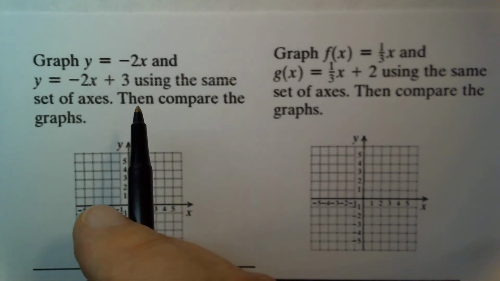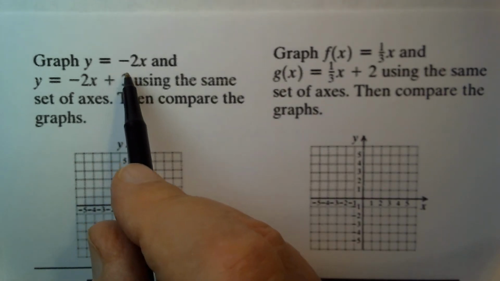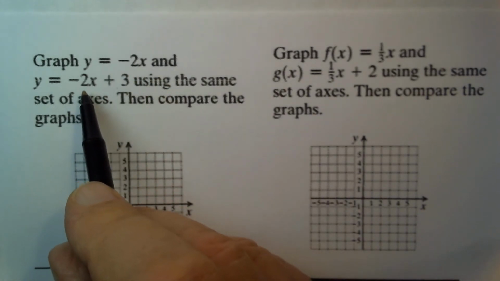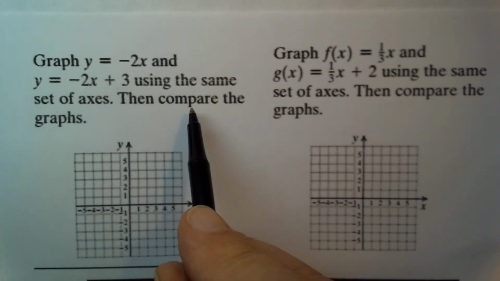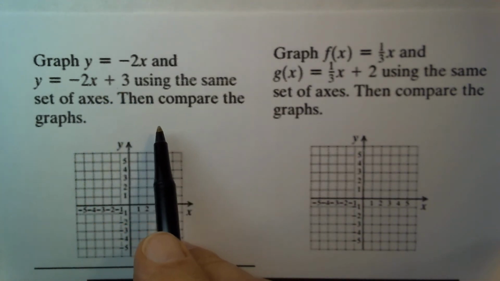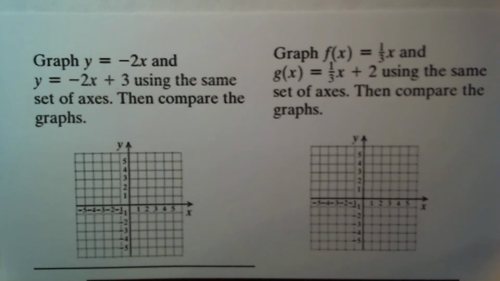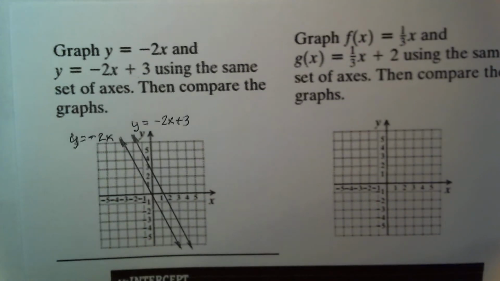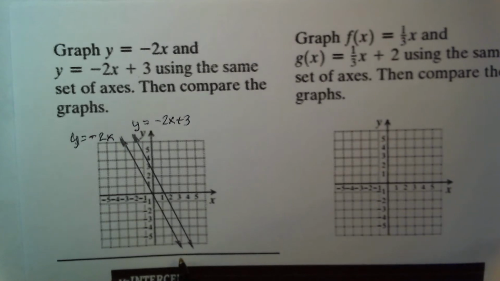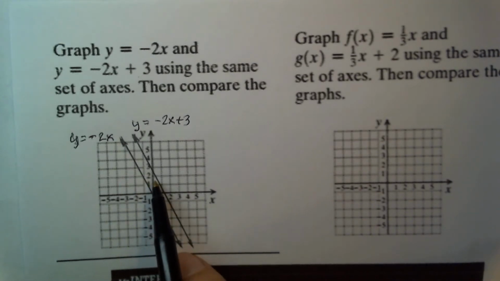The next exercise asks us to graph y equals minus 2x and y equals minus 2x plus 3 using the same set of axes. Then compare the graphs. So we graph the two equations. Here's y equals minus 2x, and here's y equals minus 2x plus 3.